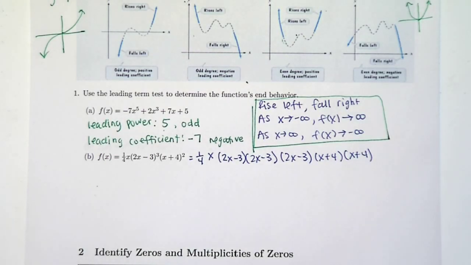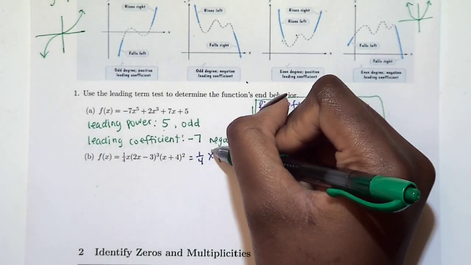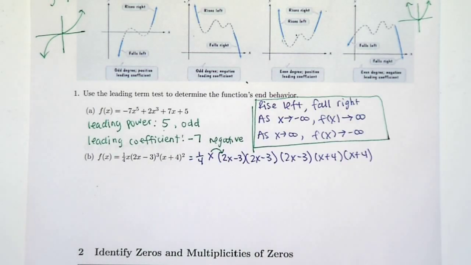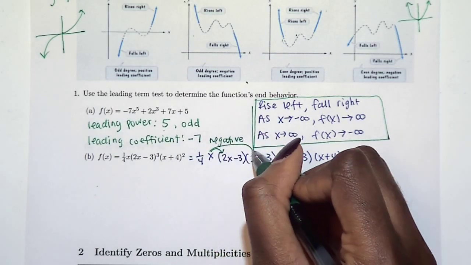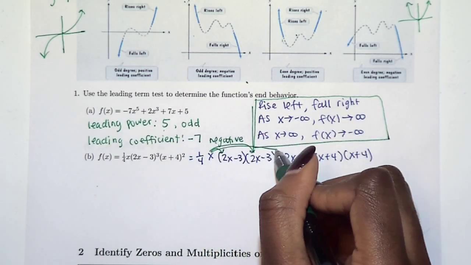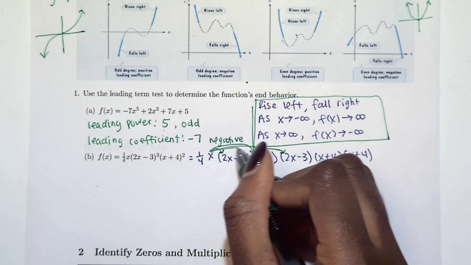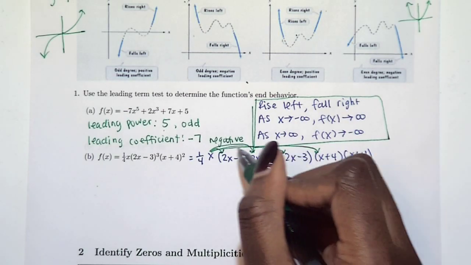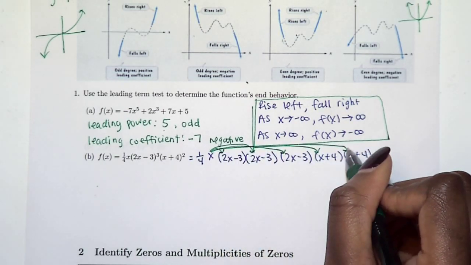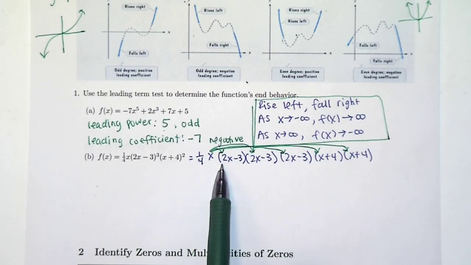That would take forever. We only care about our leading term, so our biggest power. How are we going to get the biggest power? That's if we multiply this x by every one of these first terms, because that would be the first step: multiplying x by all of the first terms.